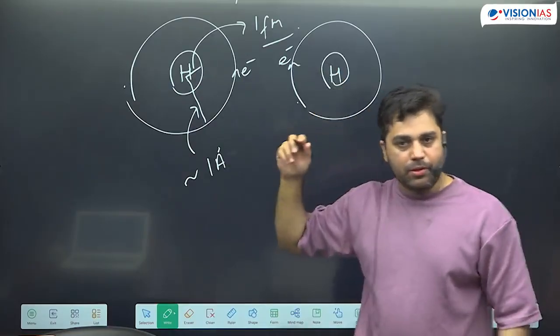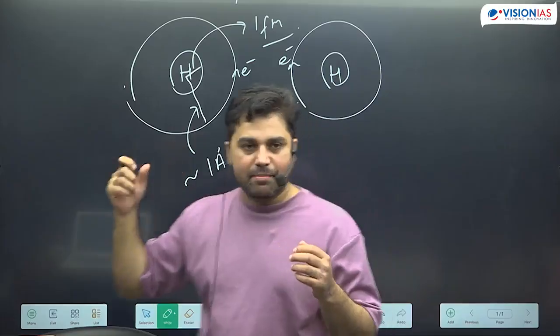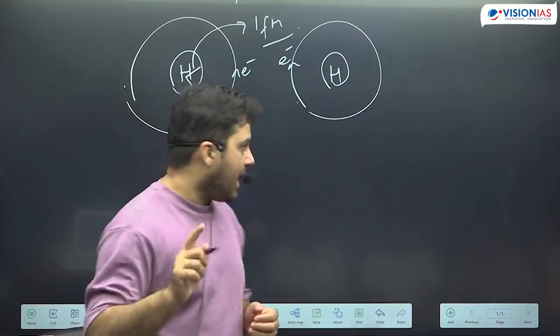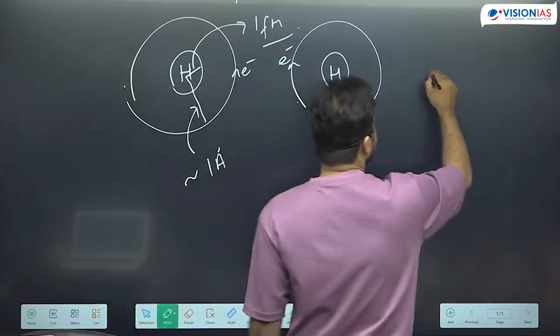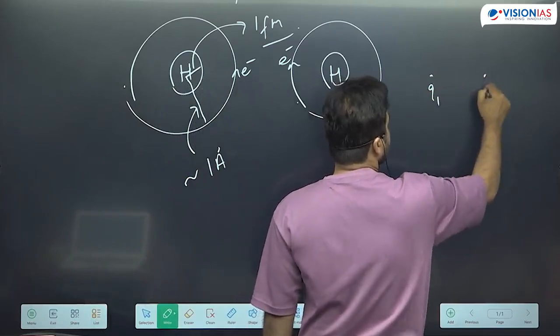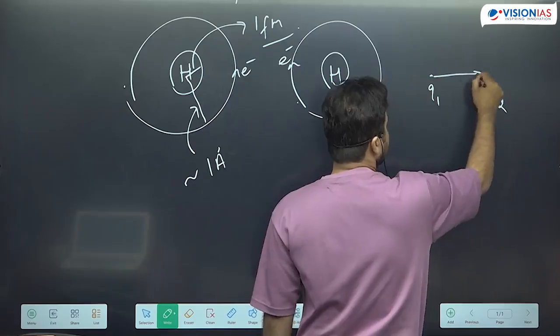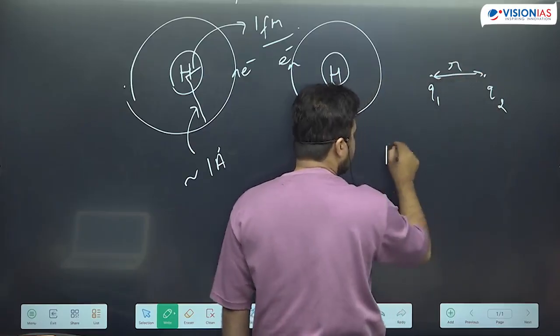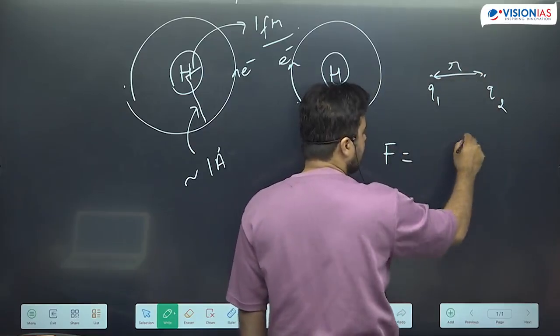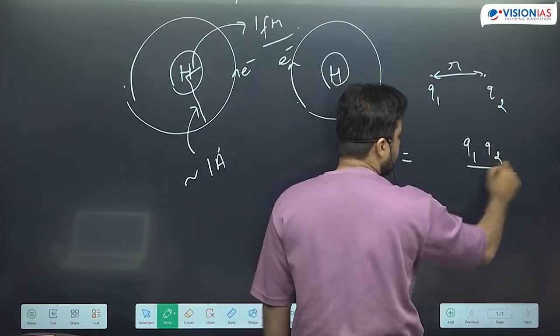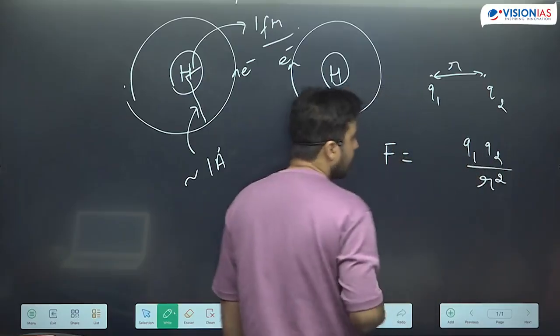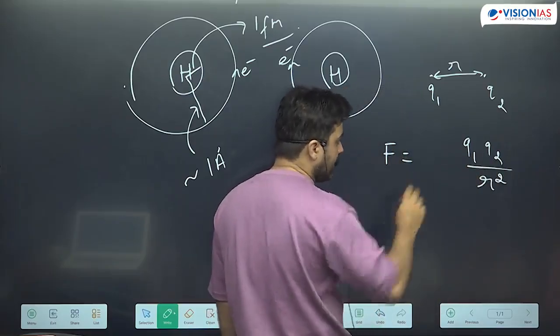So if both have protons, we have studied that same charges repel each other. And we also have studied that if I have charges Q1, Q2 separated by distance r, then this force actually looks very similar to gravitational force. Q1, Q2 by r square, with one fundamental difference.